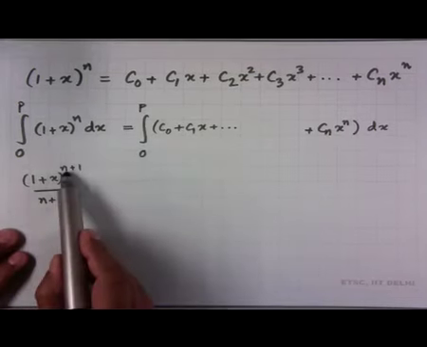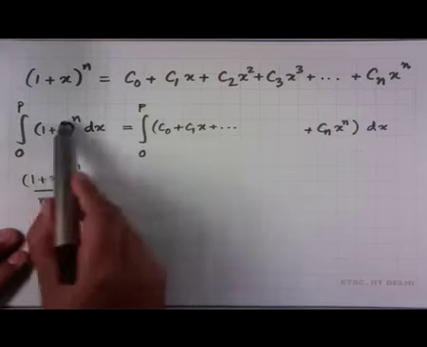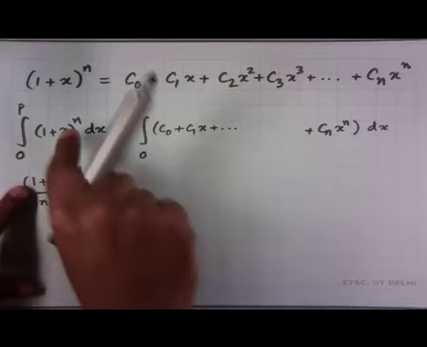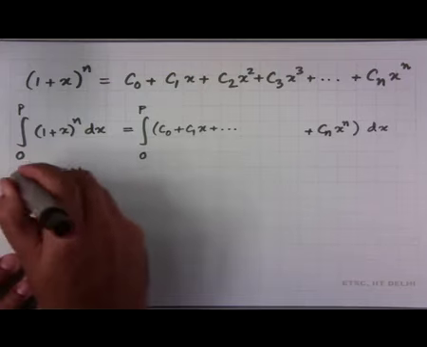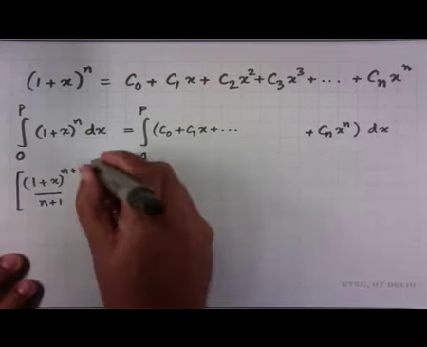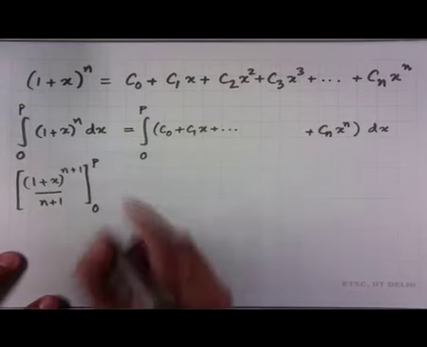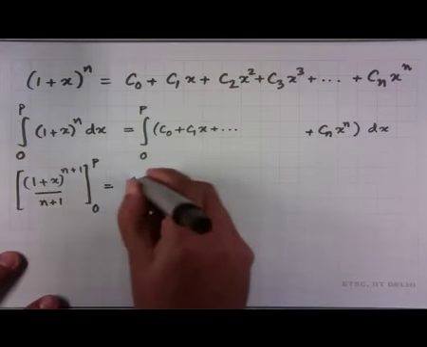You differentiate: n plus 1 times 1 plus x whole power n divided by n plus 1. So, it nicely cancels out. So, indeed the integral of this is equal to this, but you have to take it from 0 to p.